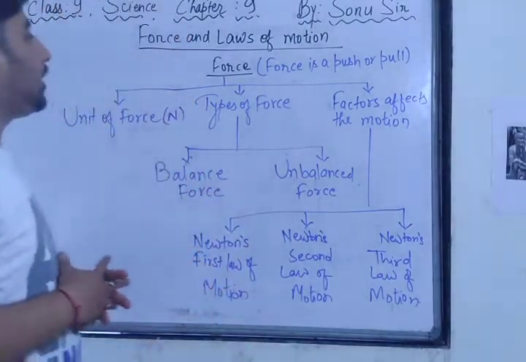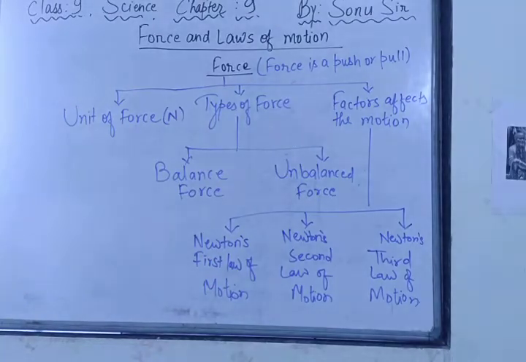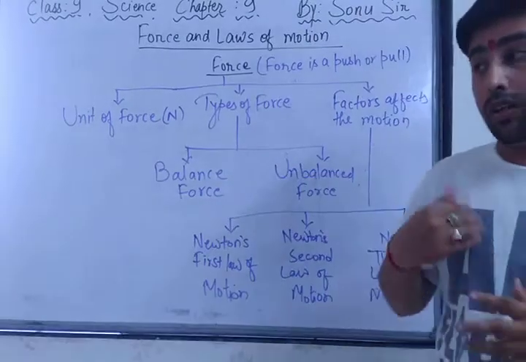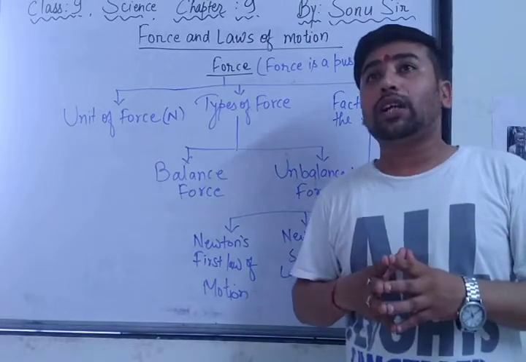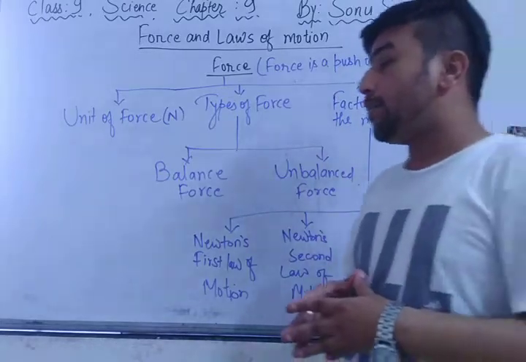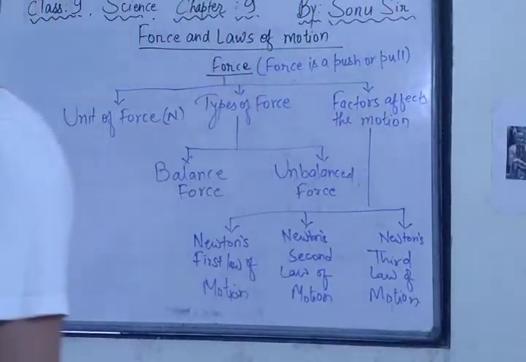Now if I talk about force, force is a push or pull. Force is a vector quantity. What do you understand by vector quantity and scalar quantity? As I already explained, a physical quantity in which both magnitude and direction are there is called a vector quantity.